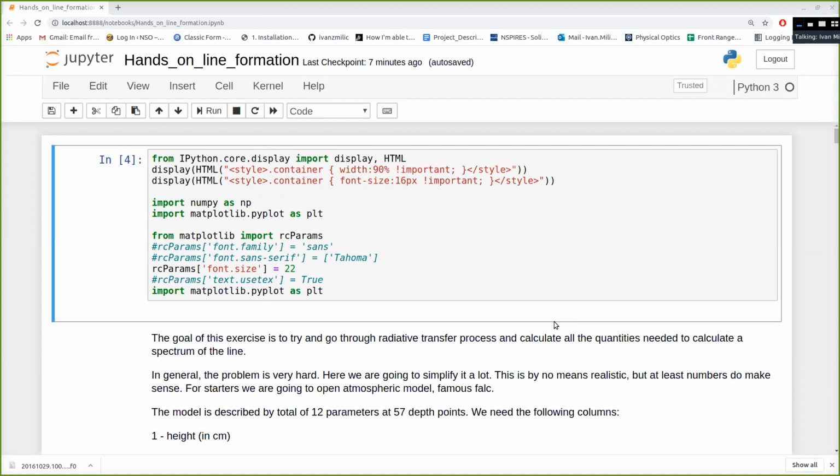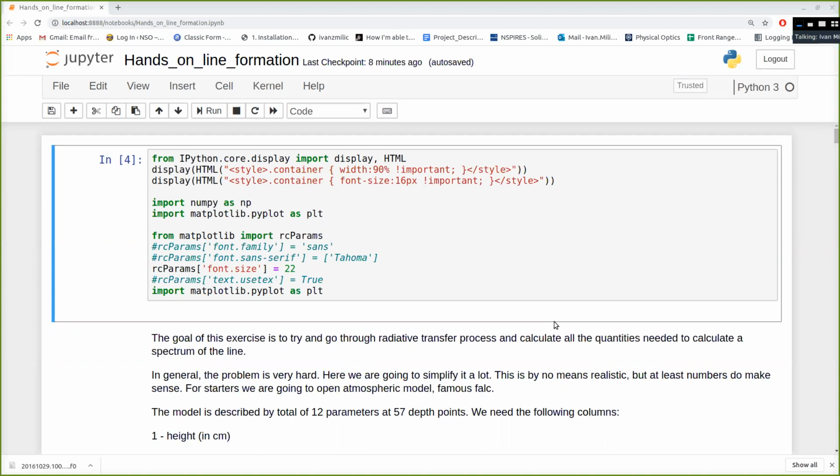We'll use as simple physics as possible, but not too simple, to calculate something. Of course, there will be a lot of limitations. We'll discuss them, and I will add notes to this Jupyter notebook after the class and update it, so that you can see all the additional comments that we made together as we discuss what is going on here.